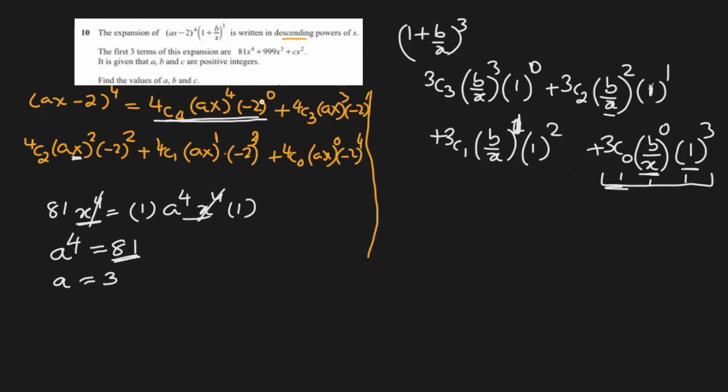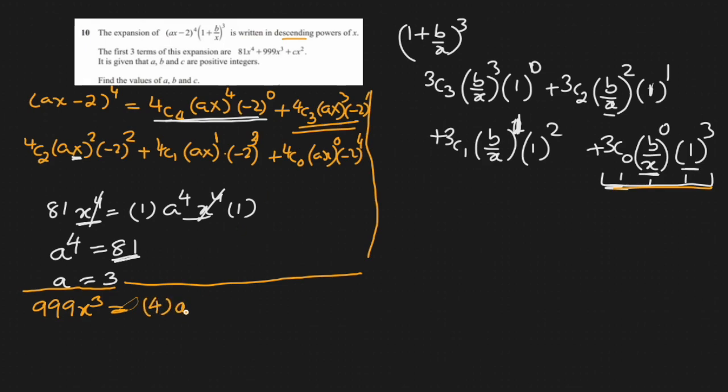Now let's focus on 999x cubed. How will we get x cubed? Obviously, when this multiplies with this, it will give us x cubed. But since this is 1, we don't have to worry about this. This will give us x cubed, which is 4C3, 4 times a cubed. Let's not write a cubed.